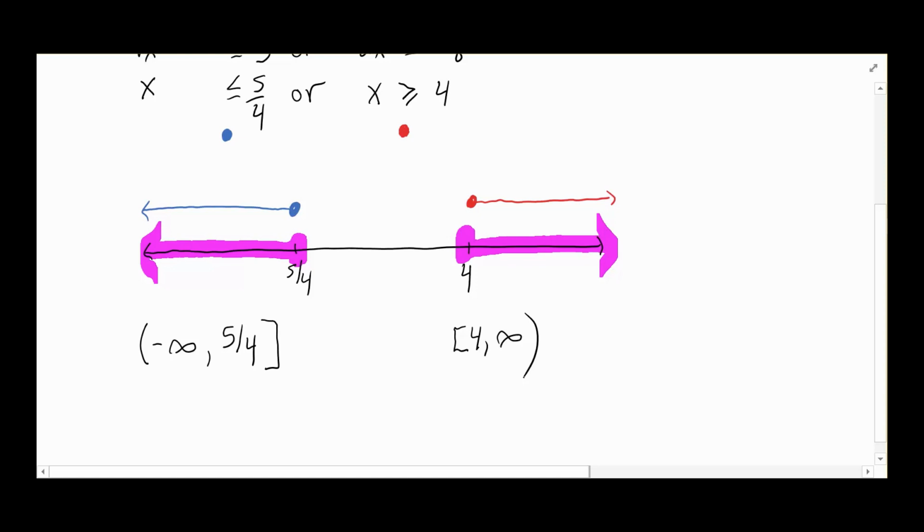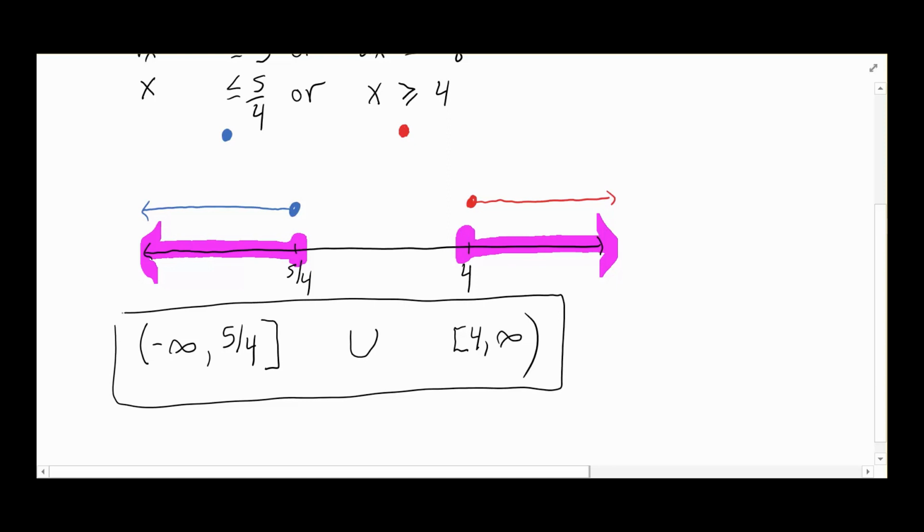And when I have two separate intervals that are disjoint, that have a gap between them, I just put a union sign between them. So I really want to point out that that union sign in a final answer is only placed there if we have two disjoint intervals. We don't want to try to come up with a rule of it comes whenever we have an or in this situation. Don't come up with rules like that.